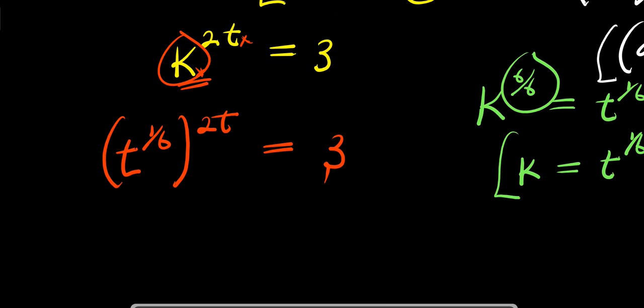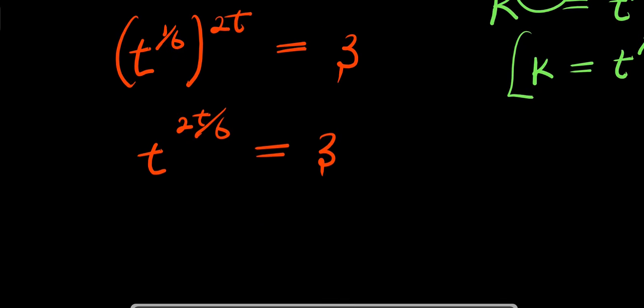By applying this identity, we are simply going to have t power 2t times 1 over 6, this is 2t divided by 6 equals 3. And from here, I simply have 2 cancel itself once, cancel this 3. I have t power, this is t over 3, because we have t over 3 left, equals 3.